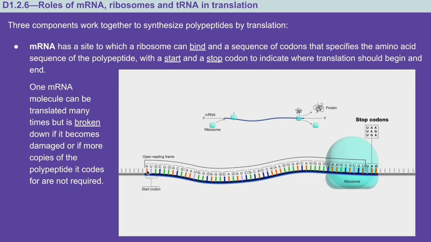We'll always have one specific start codon, which is the codon AUG, which will always code for the amino acid methionine. And there are 3 different codons that are our stop codons. When this codon is reached, the ribosome will dissociate from the mRNA, and the mRNA can be used again a few more times. The mRNA can get broken down if it becomes damaged, or if more copies of the polypeptide it codes for are not required.